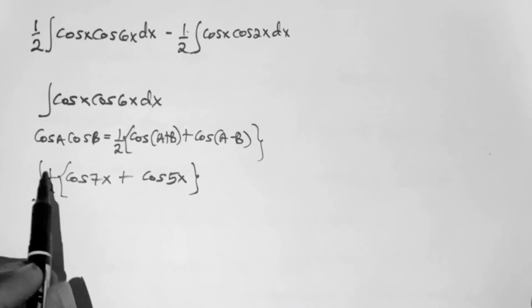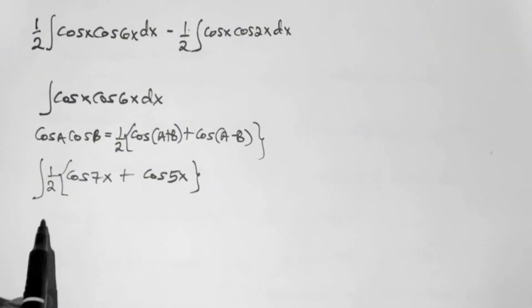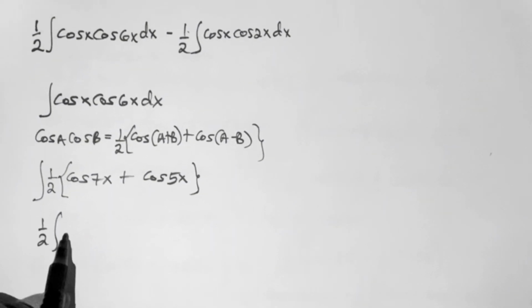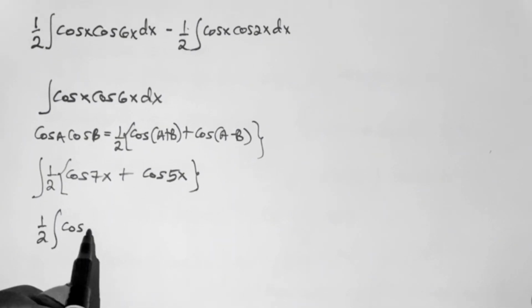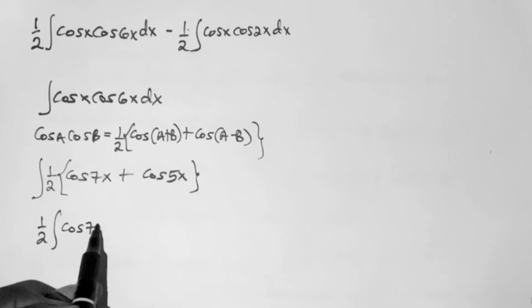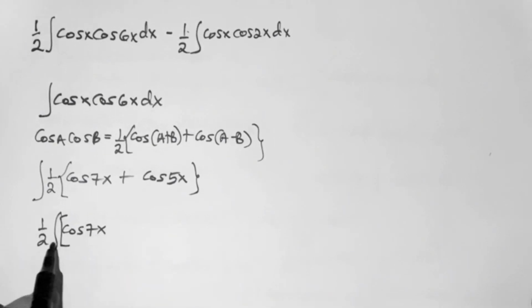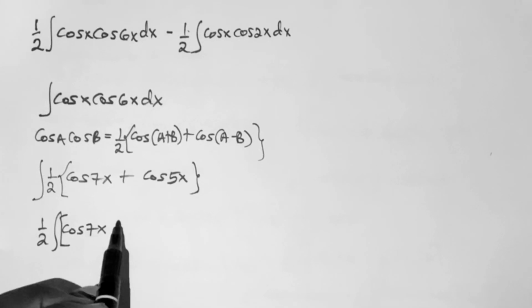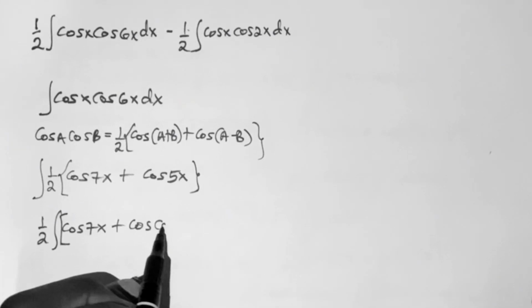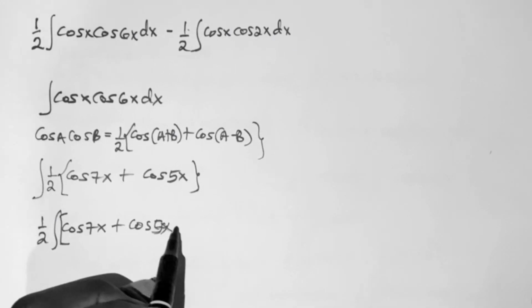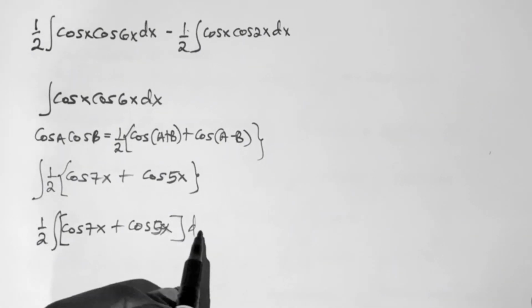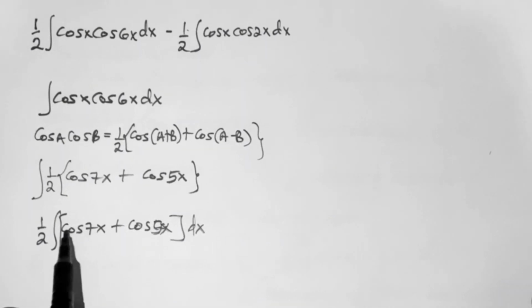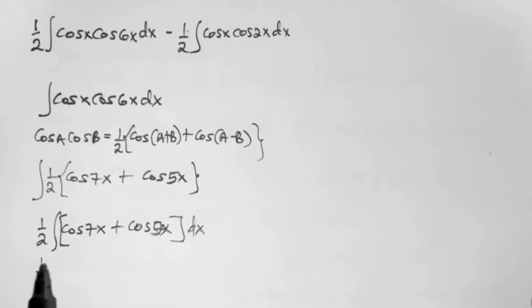So I pull this half out, and it becomes half the integral of cos 7x plus cos 5x, dx.